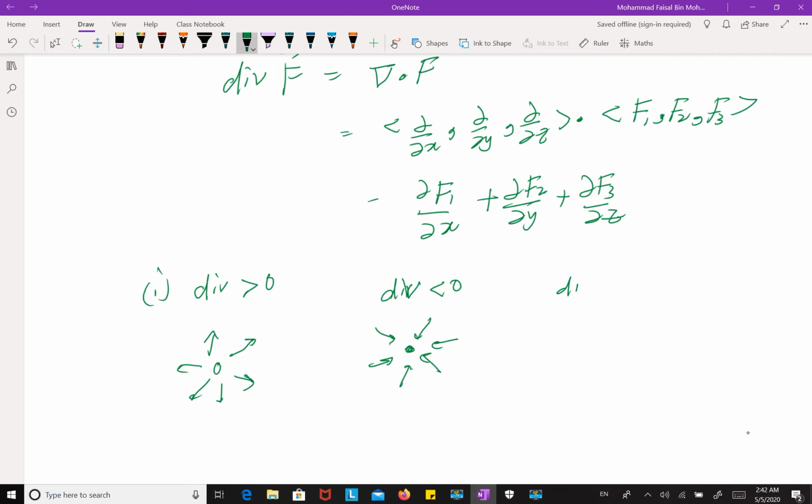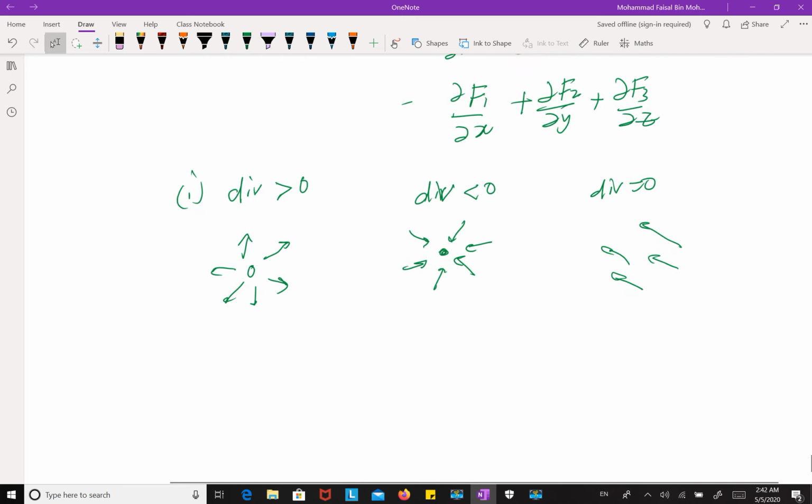If the divergence equals 0, the particles just pass through the region of space. So this is generate, this is absorb, and passed through.